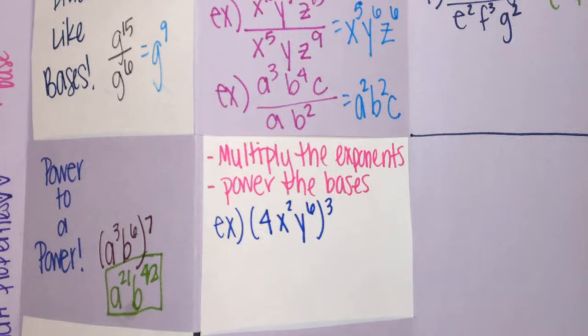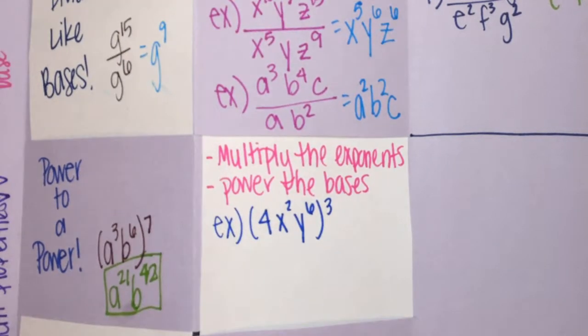You would power the base, which is 4. So 4 cubed is 4 times 4, which is? 16. And 16 times 4 is 64. So write 64, children. Good job.